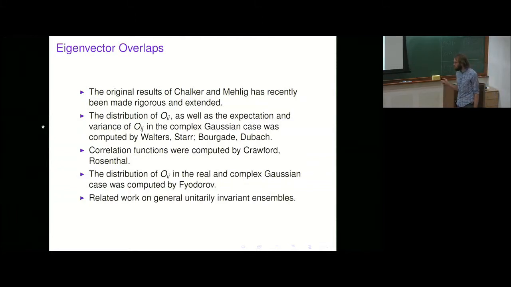There's also been some related work on general unitarily invariant ensembles, mostly in the physics literature, but I won't say anything else about that. So basically any sort of universality results in this direction are completely open and certainly very interesting.